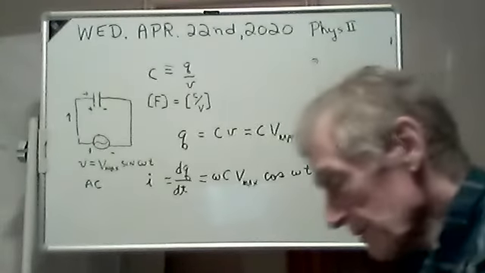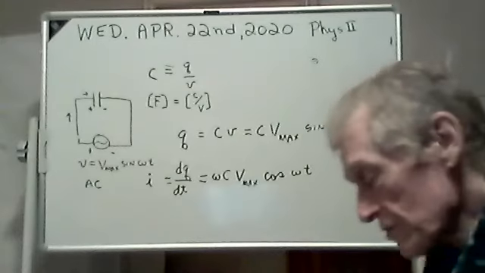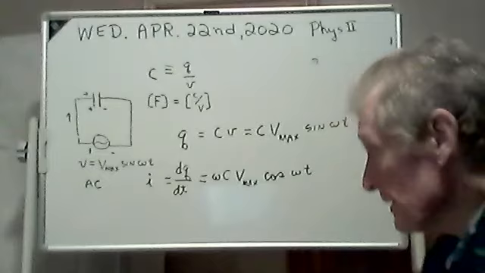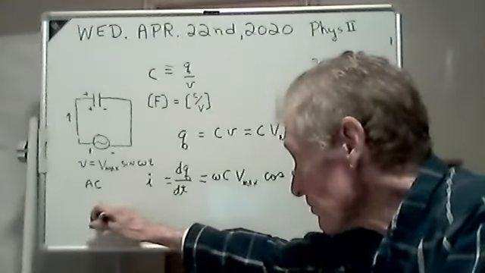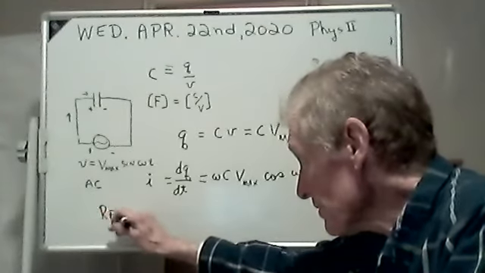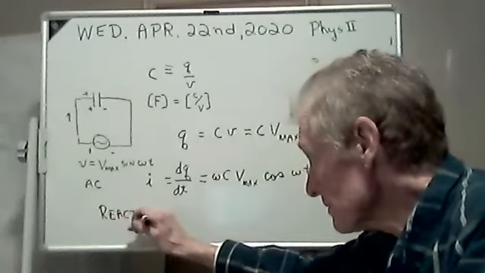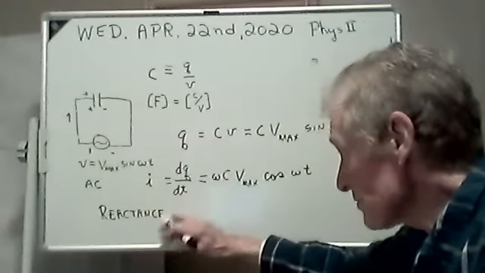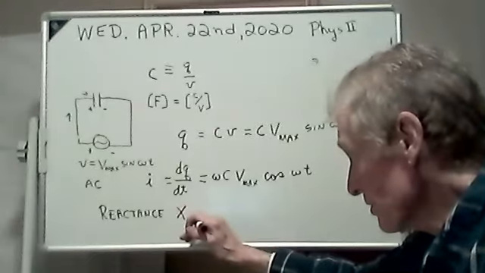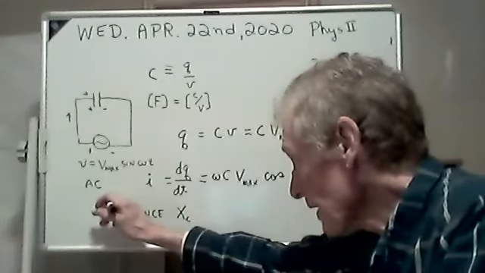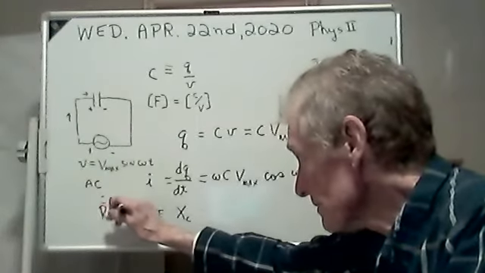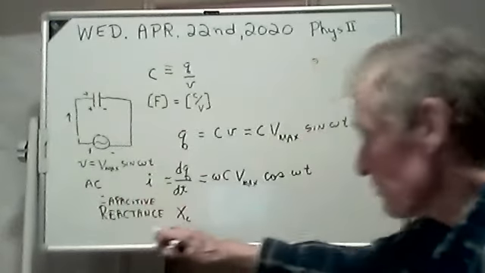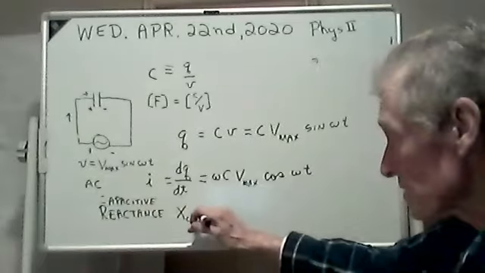Now they have something sort of like resistance for capacitors, but it's not called resistance, it's called reactance. And the definition of it, they have a symbol. It's XC. Now that'll be capacitive reactance. The symbol is XC.